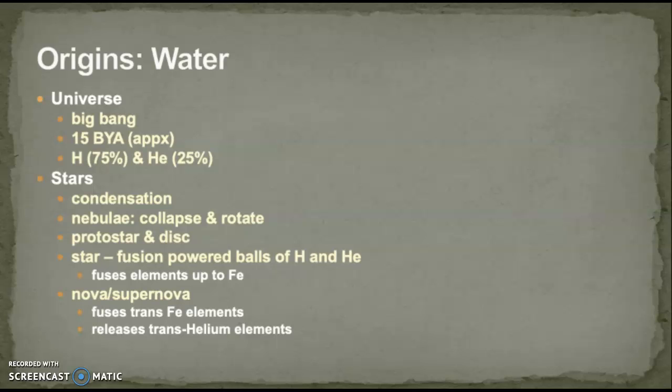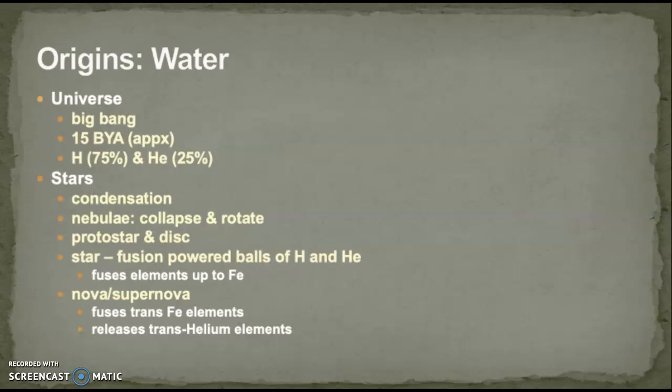Our solar system is probably a second, third, or fourth generation star system. That's why we have these larger elements that allow us to have not only water, but all the dissolved materials in the ocean, as well as all the elements that make up the land and the material that makes up the solid planet itself.